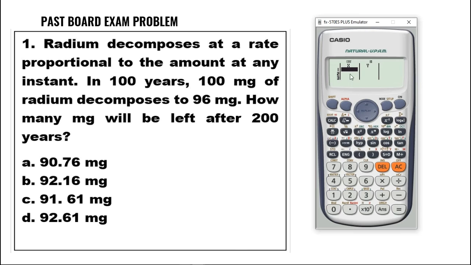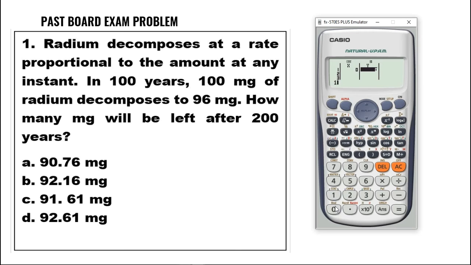Now here, we put our starting time, of course 0. So at time 0, x is the time and y is the amount of the substance. At time 0, it means we still have 100 milligrams of radium, our radioactive material.